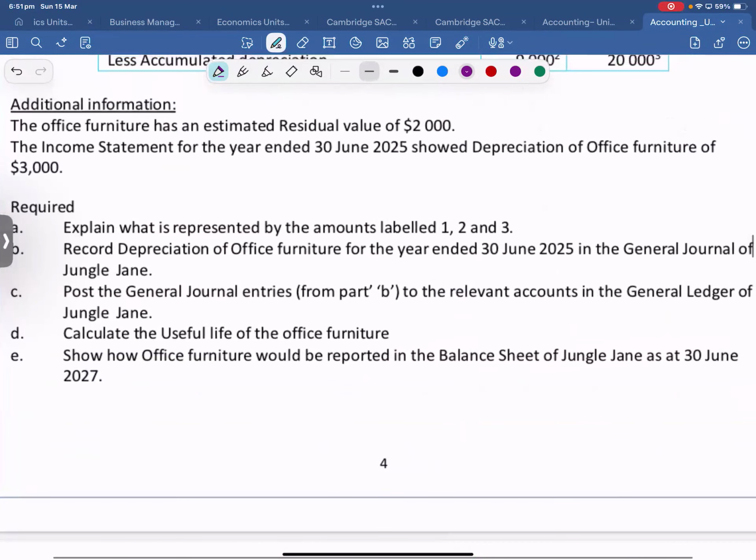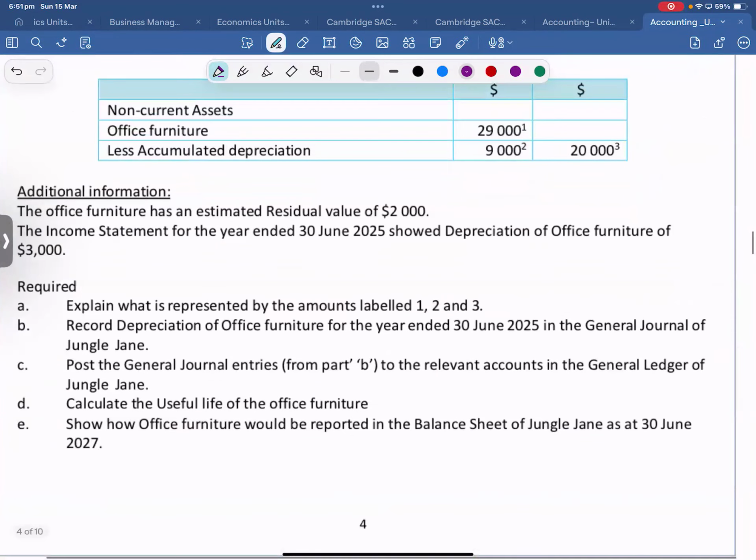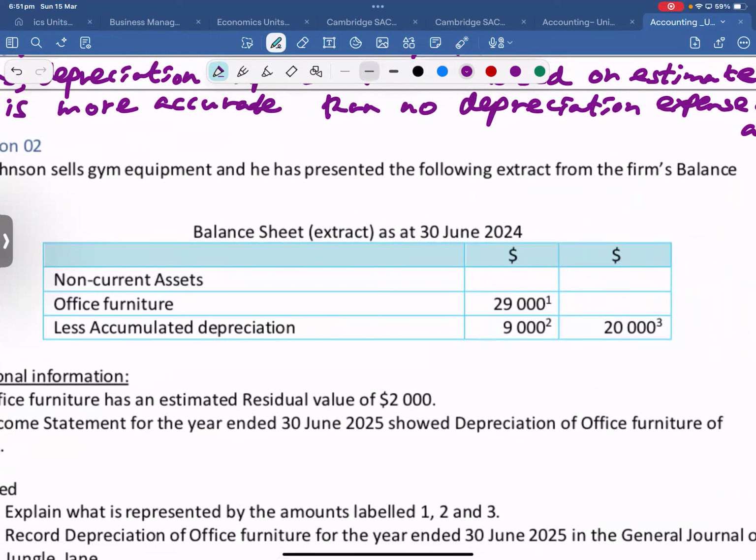Record the depreciation for the year ended 30th June 25. Right. So when has it been given? 30th June 24. So when this gives us 30th June 24, my question is, have they done the depreciation for the 30th June 24?